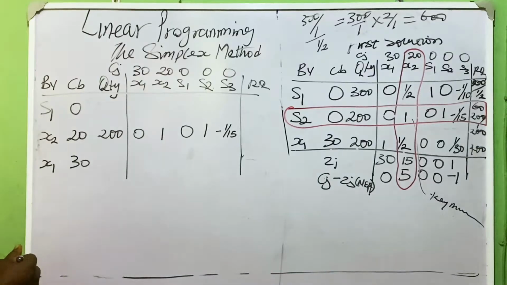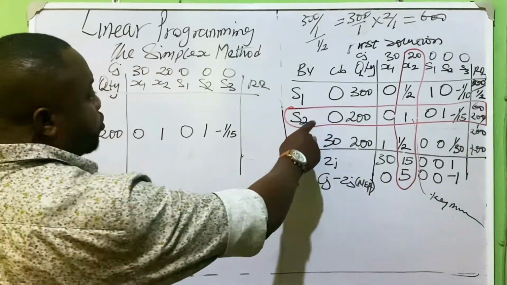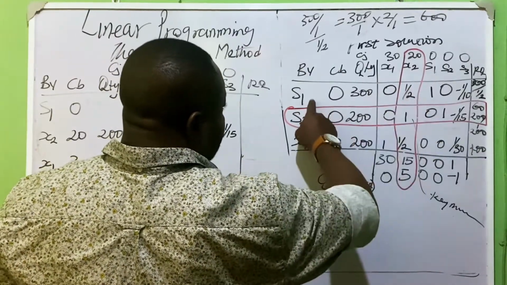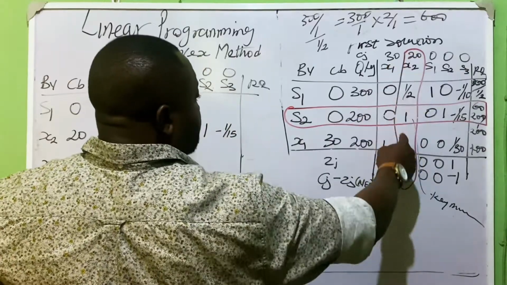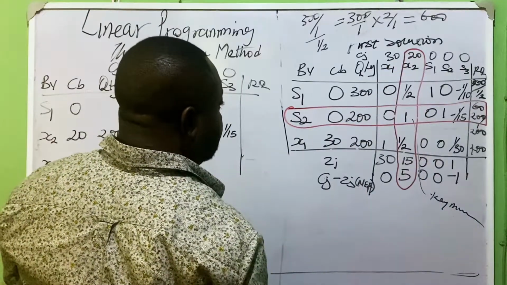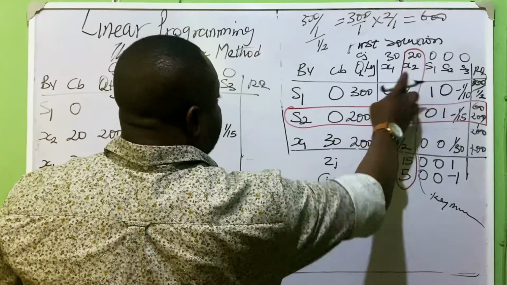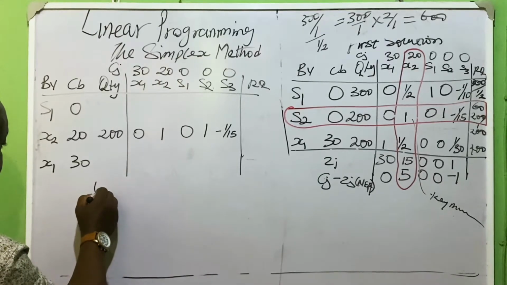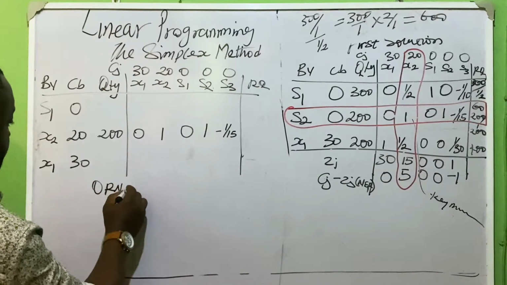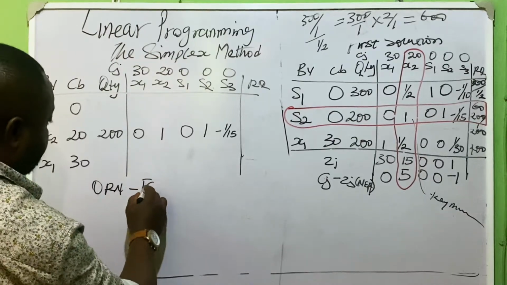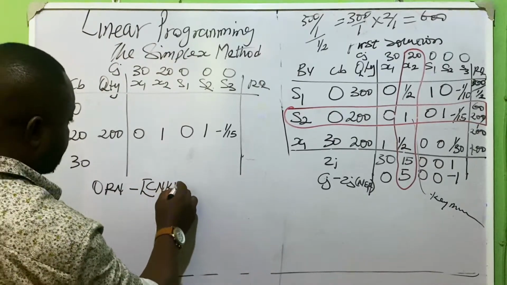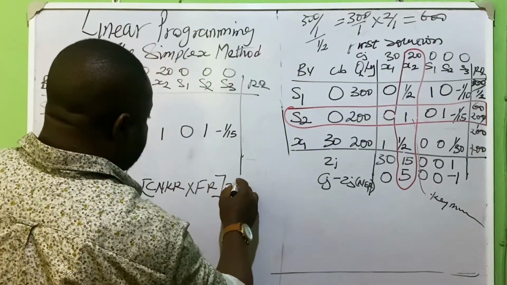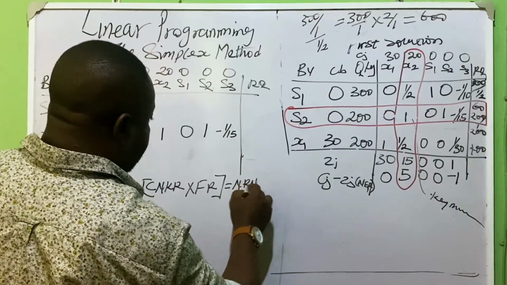So the fixed ratio for transformation of S1 will be the value that corresponds to S1 in the key column divided by the key number.